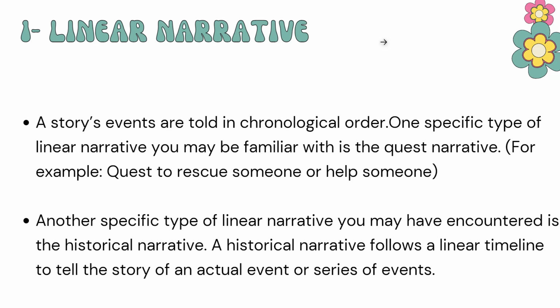One specific type of linear narrative you may be familiar with is a quest narrative, for example, a quest to rescue someone or help someone. Another specific type of linear narrative you may have encountered is a historical narrative. A historical narrative follows a linear timeline to tell the story of an actual event or series of events.